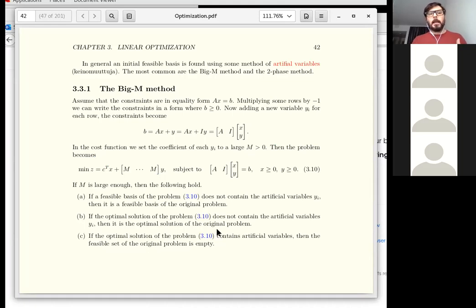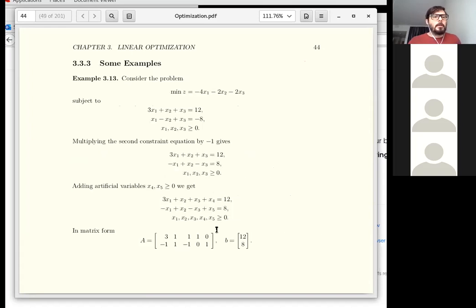And then after you've done that, you solve this new problem either to get a solution to the original problem, or to find a basis for the original problem. Either way, the attempt to solve this extended problem will reveal whether the original problem has a basic solution. There were examples which I'm going to skip now.